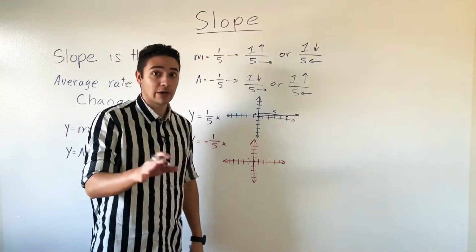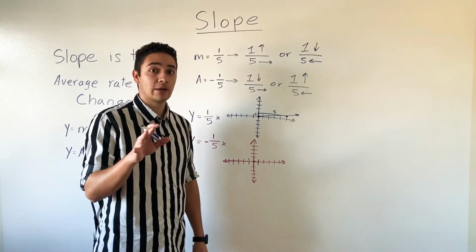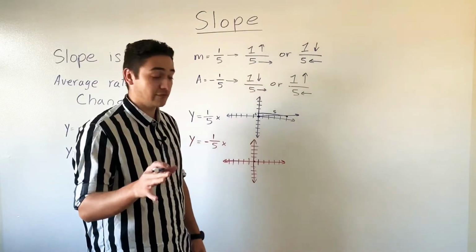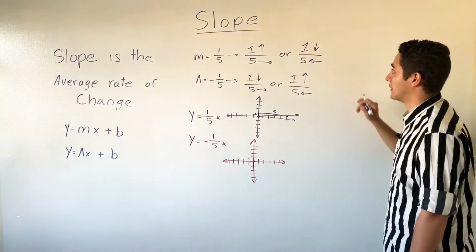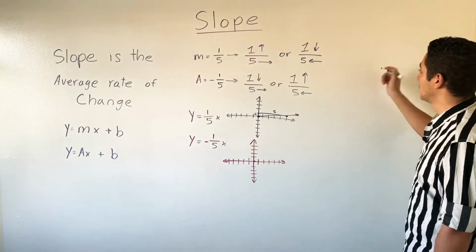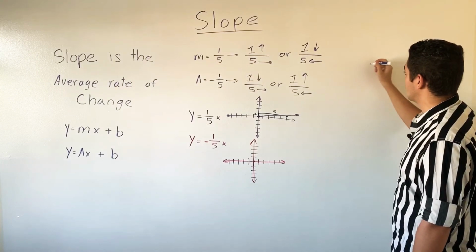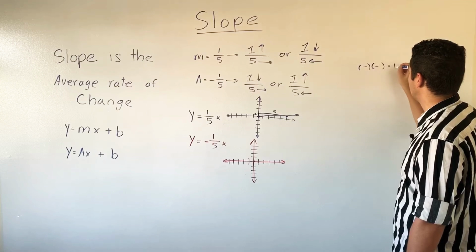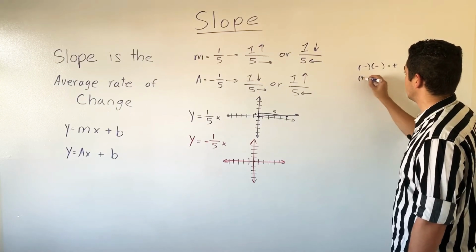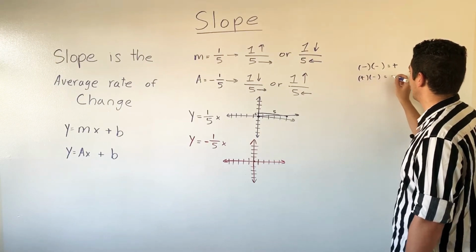Hopefully, if you feel comfortable with your integers, in other words, if you feel comfortable with your positive and negative numbers, we can make a little, just a little recap. Whenever we're multiplying, negative times negative will give you positive. Positive times negative will give you negative.